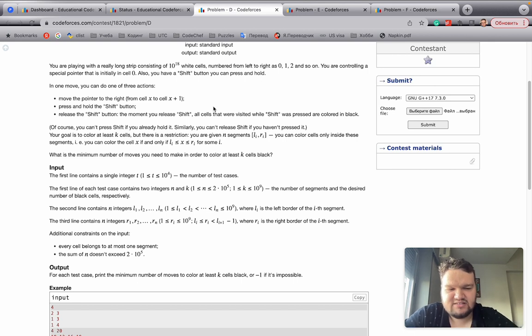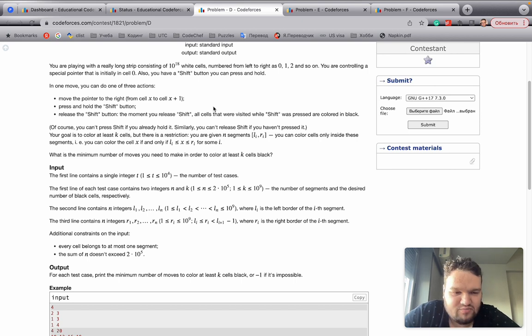So it doesn't make sense to go further than this K-th cell that we can color plus 2n, because the moving part alone will be more expensive than just using the greedy solution.